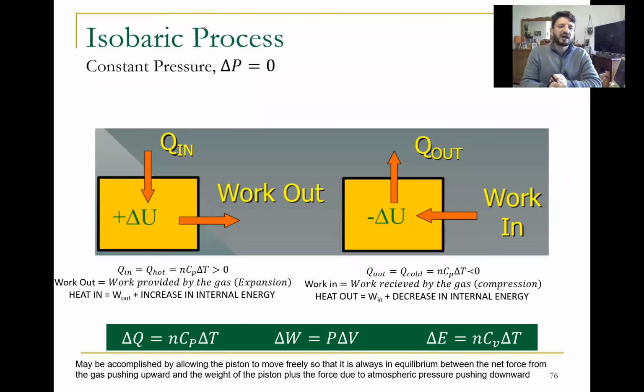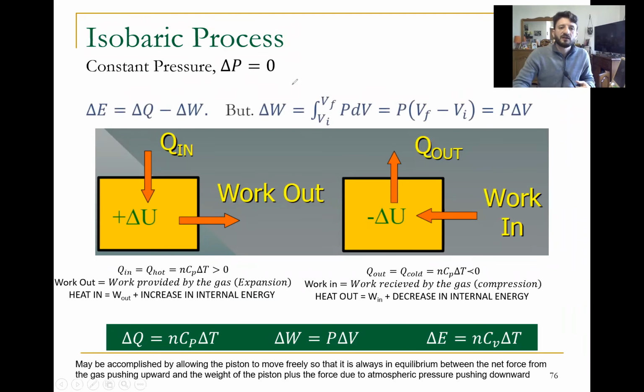I go to the isobaric process, the case of P constant. In this case, if we have P constant, you know work equals the integral of P dV between the initial and final states.